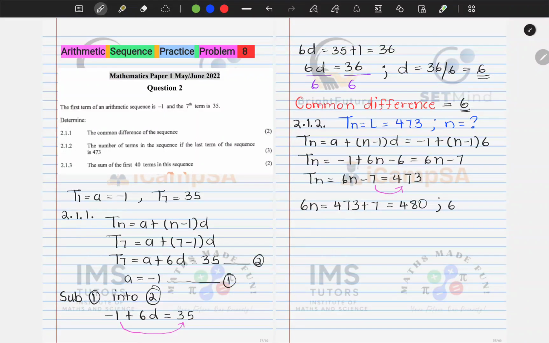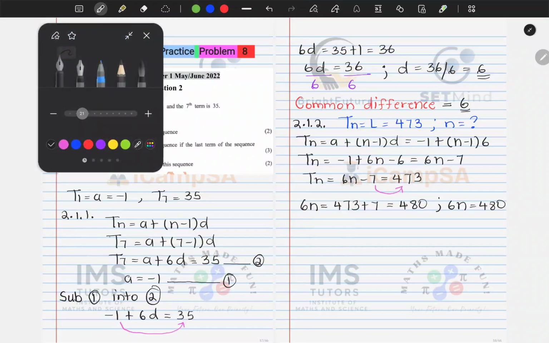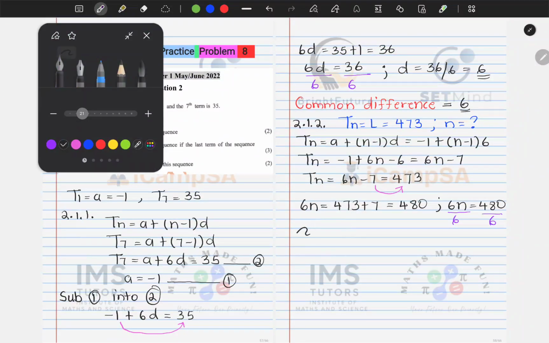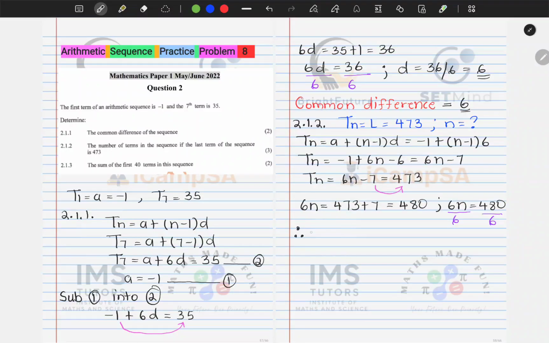So we have 6n equals 480. We are not looking for 6n, but we are actually looking for n. So I'll divide by 6 and divide by 6. After doing that, our n will be 480 divided by 6, and if you use your calculator, the answer you'll find is 80.